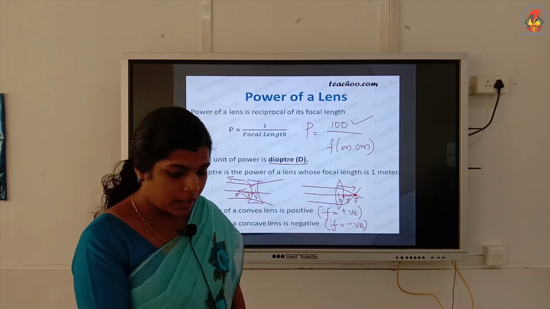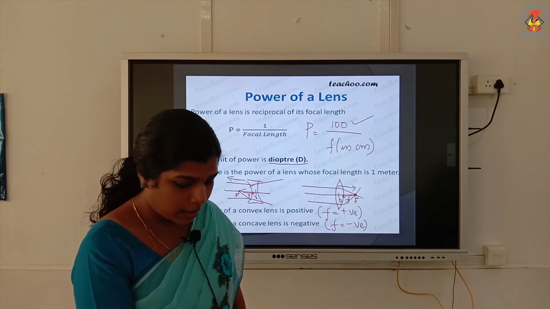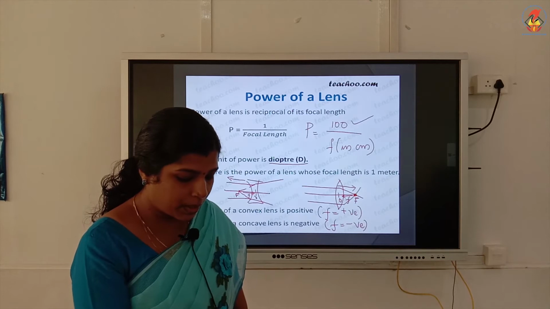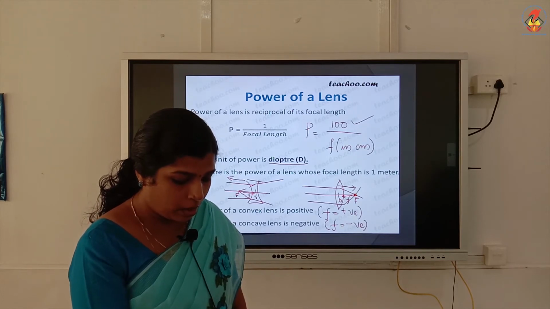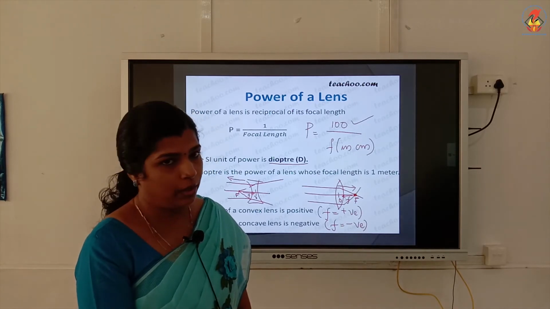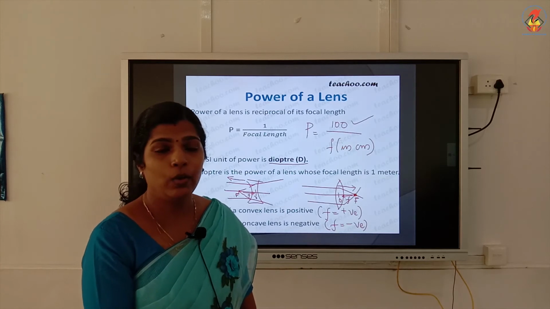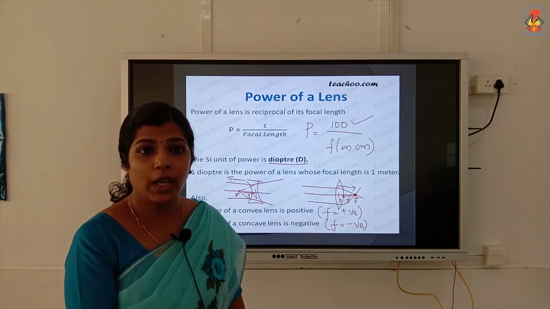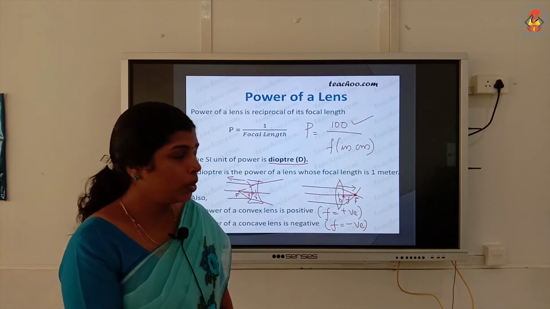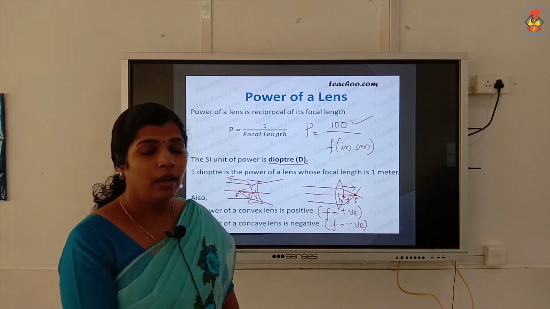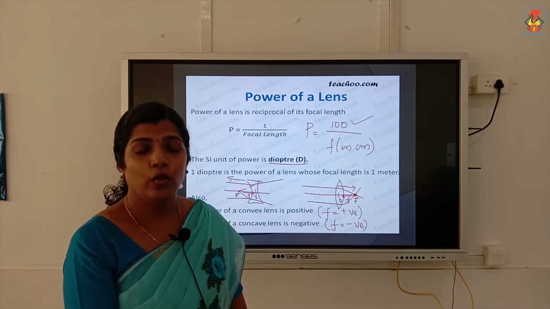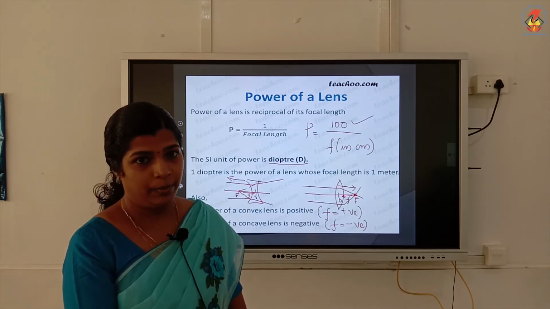Opticians prescribe corrective lenses indicating their power. Let us say a lens is prescribed with a power of plus 2 diopter. A positive value means that it is a convex lens. So, a positive value in the power indicates that the lens is a convex lens.